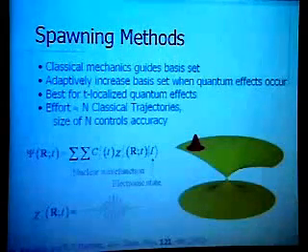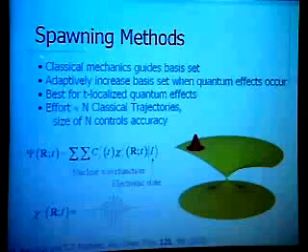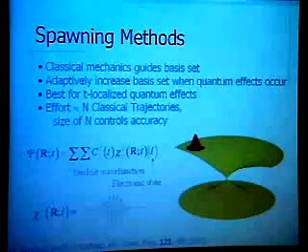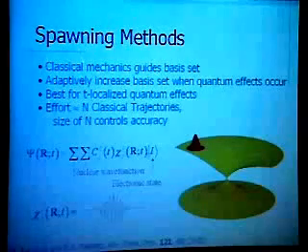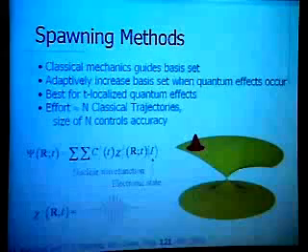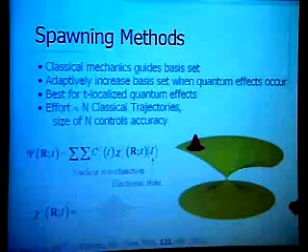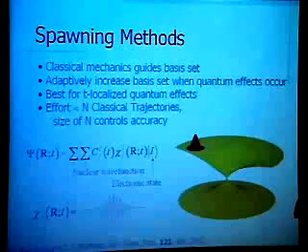And what you can do are these spawning methods that we developed, actually. So most of what I talked to you about we didn't develop. And with classical mechanics here, basically the idea is that you run a lot of trajectories, but they are going to be considered a basis set. So all of these trajectories that are running, like classical simulations, will all be little wave packets, and they'll all talk to each other.